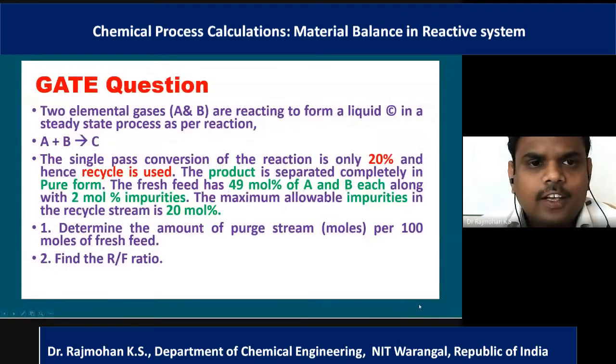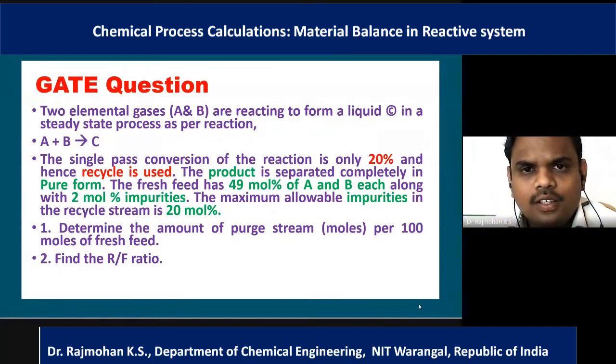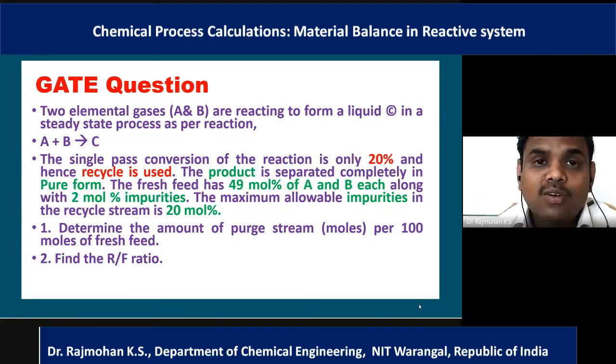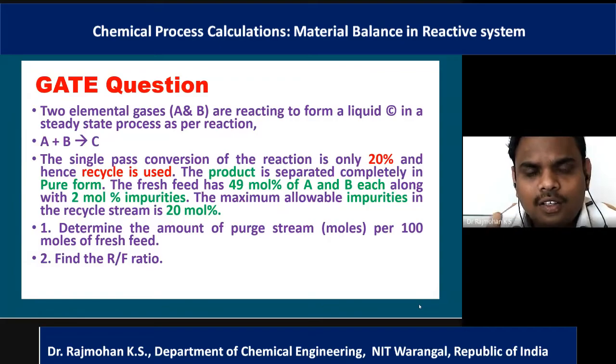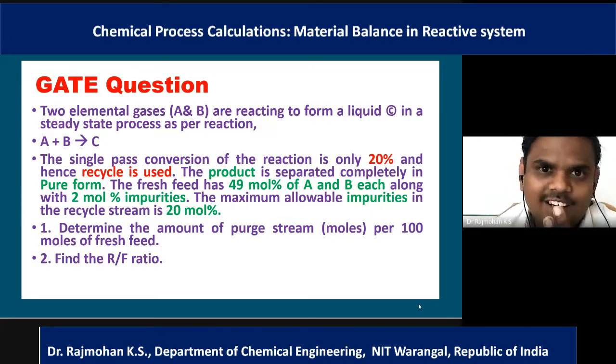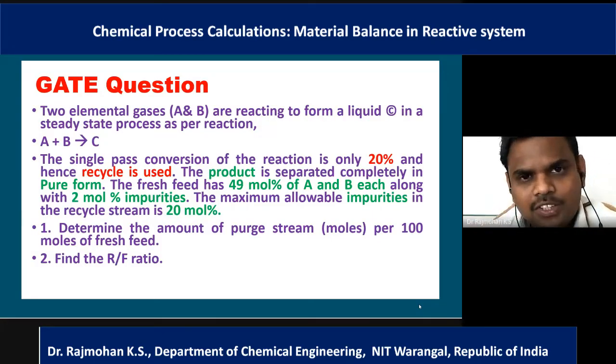So let us solve another GATE problem. Here there are two reactants in the feed stream, and it forms a product. It involves a purge stream, and the recycle stream constraint is given that it can only have a certain percentage of impurity. Here we have two reactants, an inert, and a purge stream.